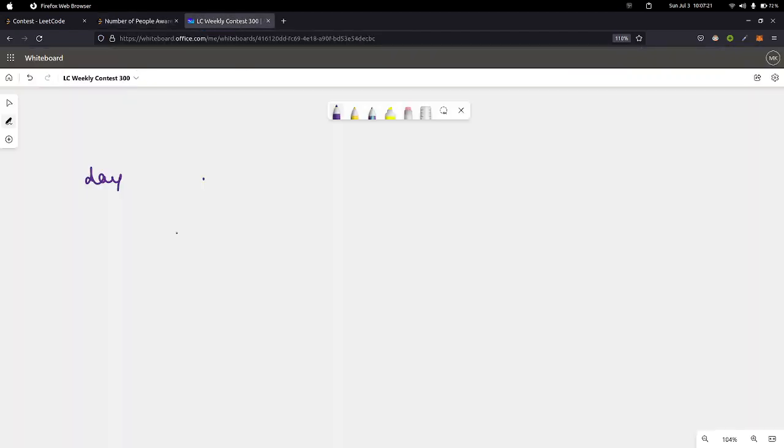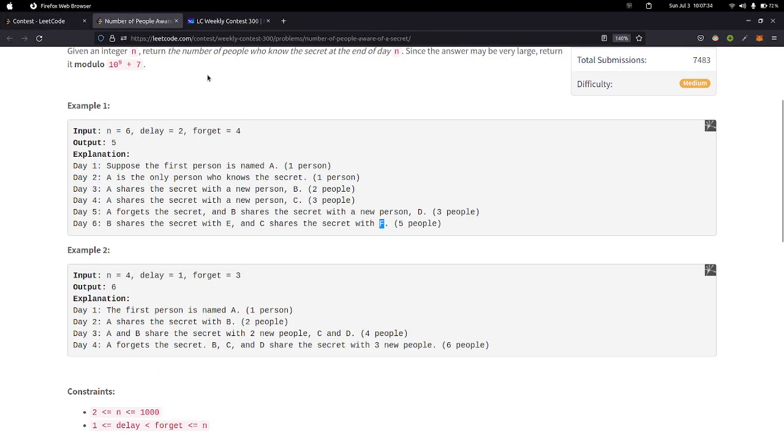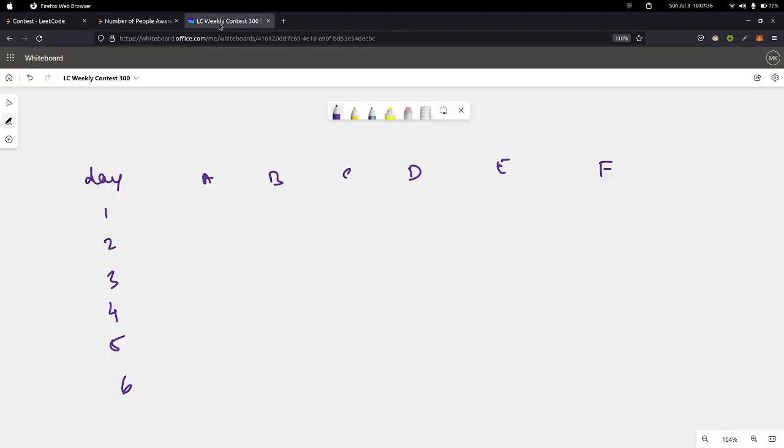So I am creating all the people A, B, C, D, E, F, right? And then we have days 1, 2, 3, 4, 5, 6. We have 6 days. Okay. And we can just simulate the whole process here and observe the pattern of what's happening.